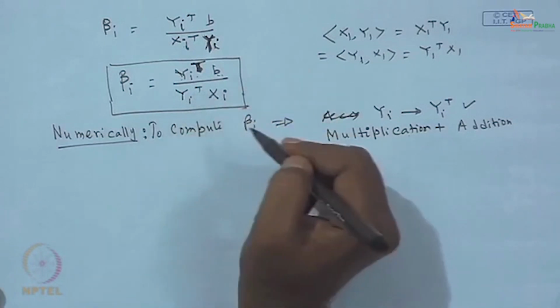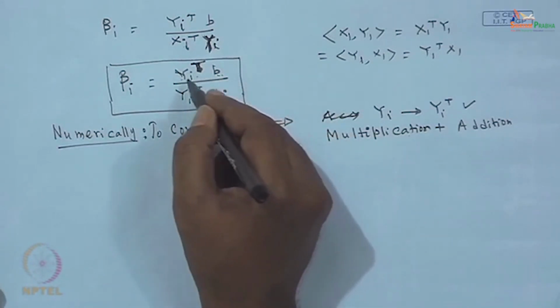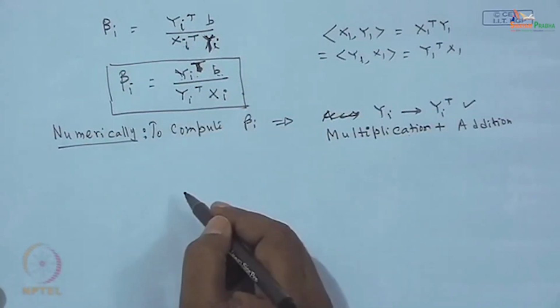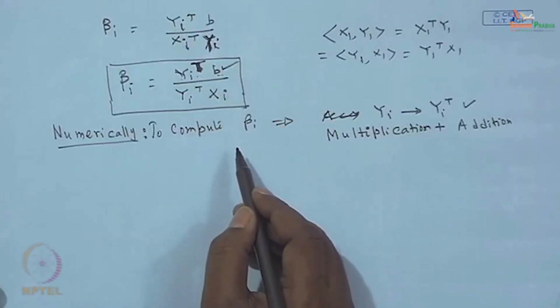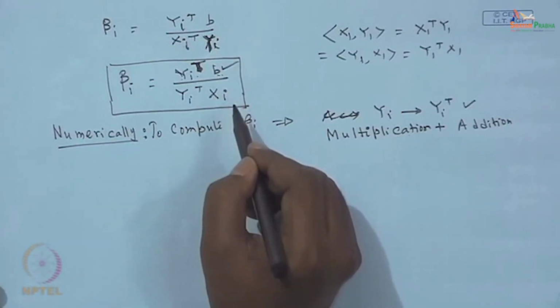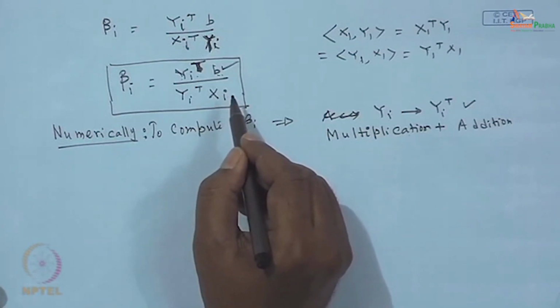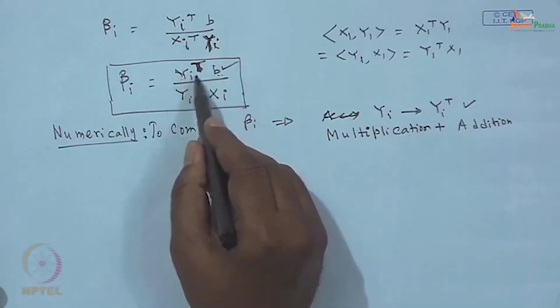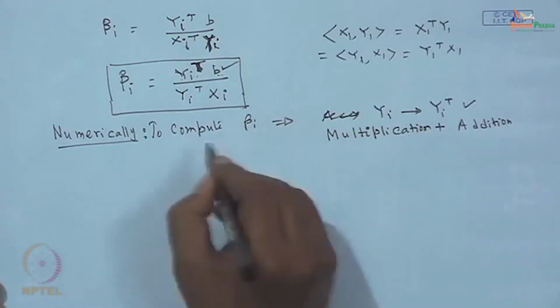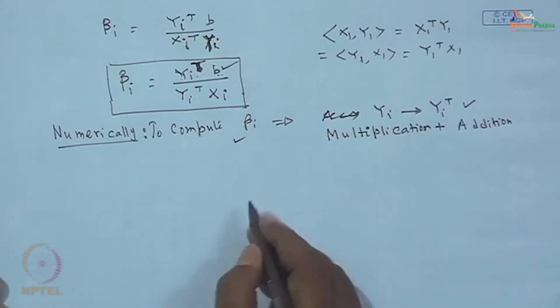Since all the elements of y i transpose have already been computed, they can be used directly here, and we have reduced one step of computation. The vector b is known, and the x i's are known because they are the eigenvectors of the matrix A. The y i's are known because they are the eigenvectors of A transpose.